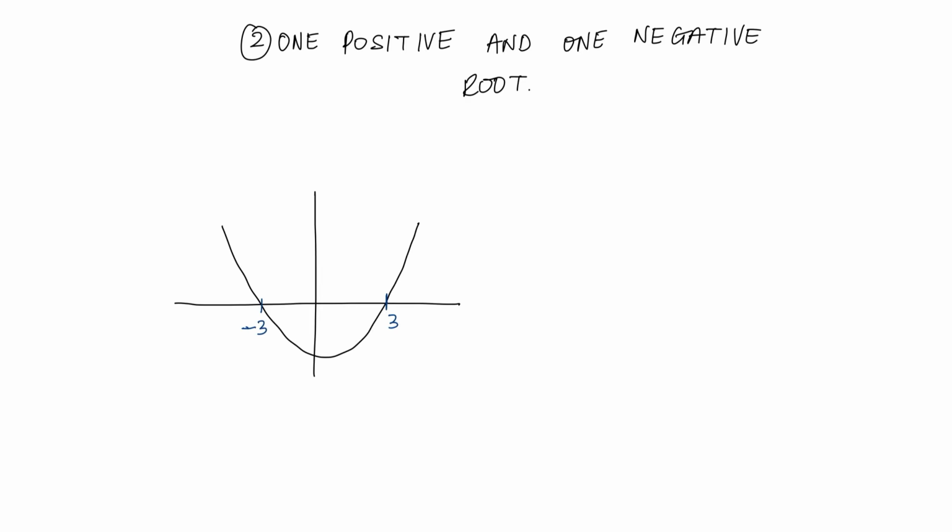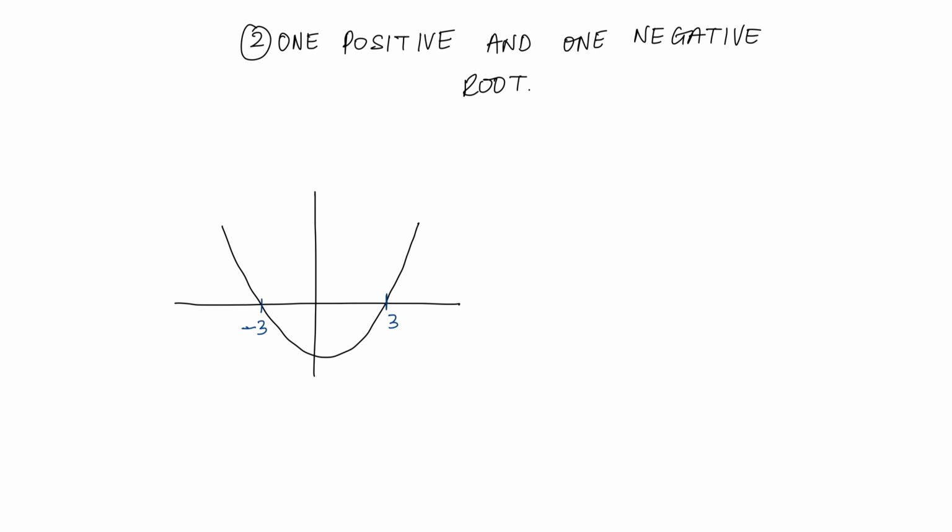So how do we now tie this in to help us answer the question? There's one more piece of information that we need to look at before we actually start solving the question. And that is, if a function has one positive root and one negative root, the product of the roots is going to be negative.